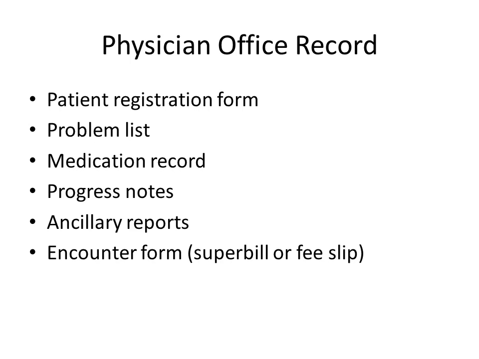A medication record, any medicine that may be given to the patient while they're in the office, progress reports, ancillary reports, and then in a doctor's office, they have what you call encounter forms, which are like superbills or fee slips. Those help with generating the medical claims.